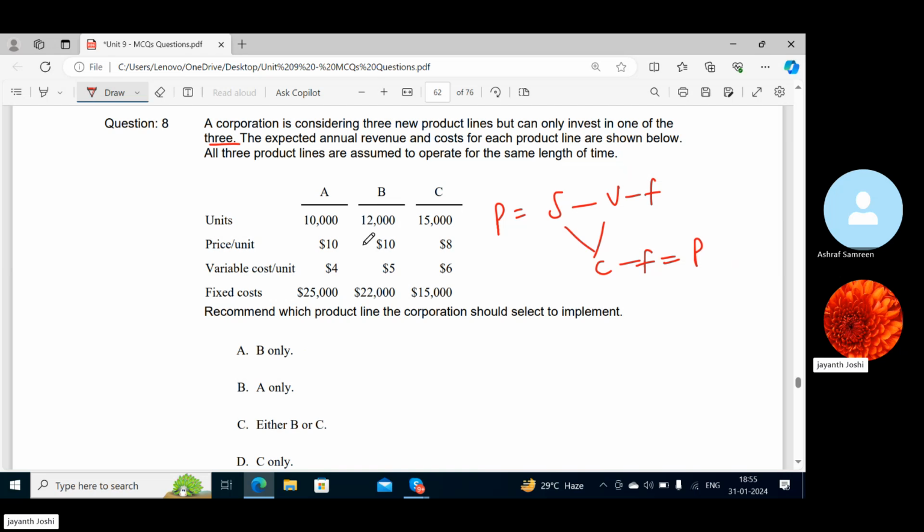Tell me which product is giving the maximum. Here you have to multiply by 1 lakh, and here by 40,000. 1 lakh minus 40K is 60K, minus 25 is 35, right? Here how much? You tell me.